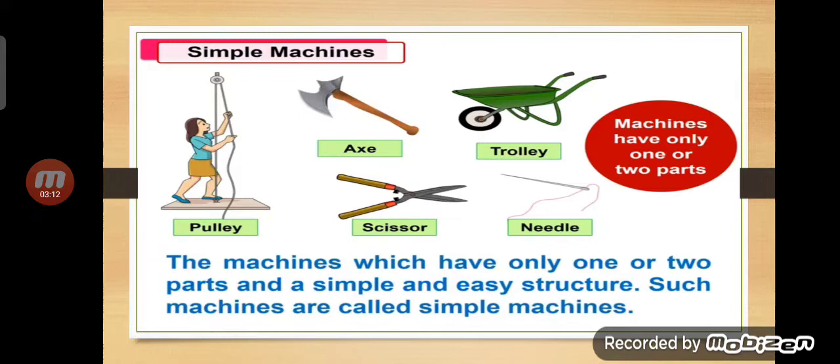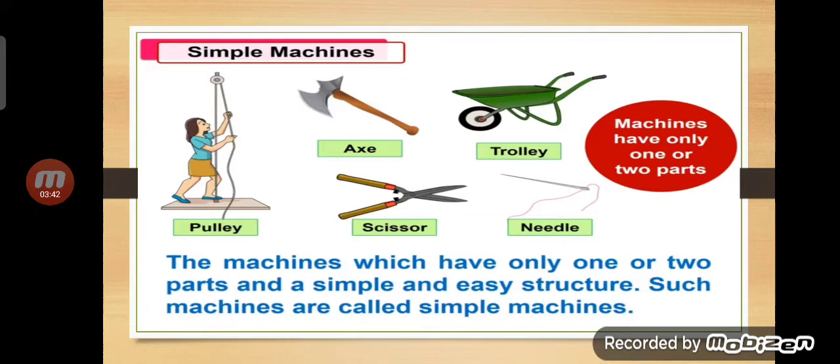Children, if we observe this picture, we can see that the machines shown in the picture have only one or two parts. From this, children, we will define simple machine. Yes, the machines which have only one or two parts and a simple and easy structure, such machines are called simple machines.